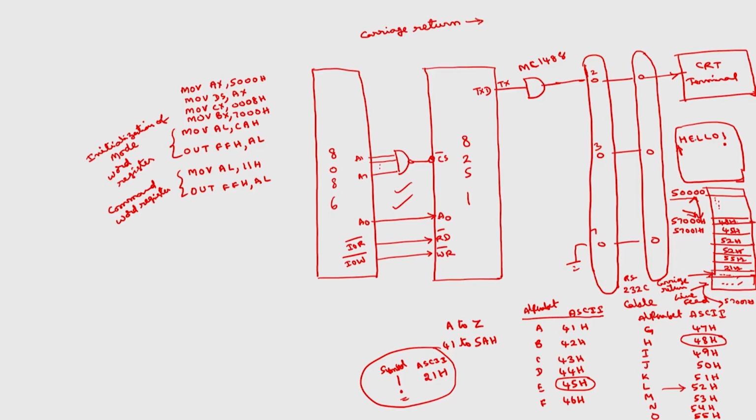So, on this screen, the starting of that particular segment. This carriage return is used to transfer the control to the starting of the line.